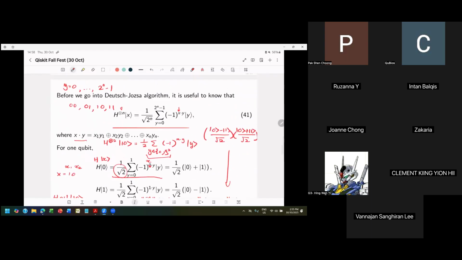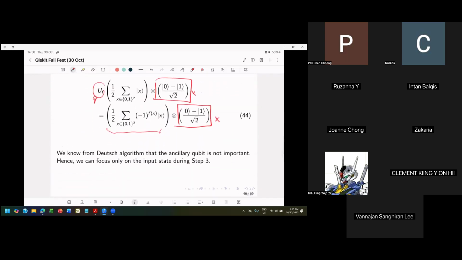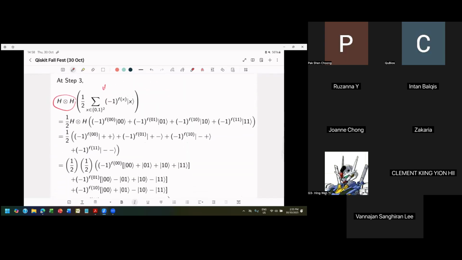Equation 41: you have a tensor product of Hadamard gates acting on some states, and it gives you another state with (-1)^(x·y) as your phase. So you try to do that over here. Over here, I expand everything just to show you what are the steps involved for the input states, but you can directly make use of the equation.